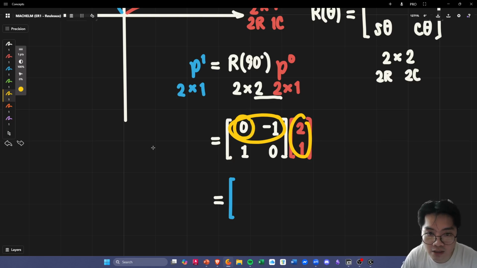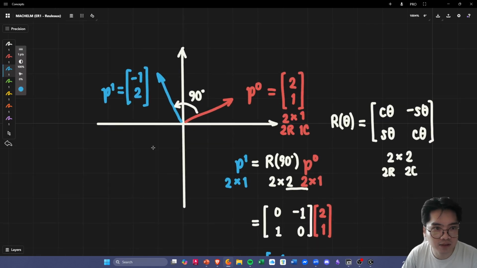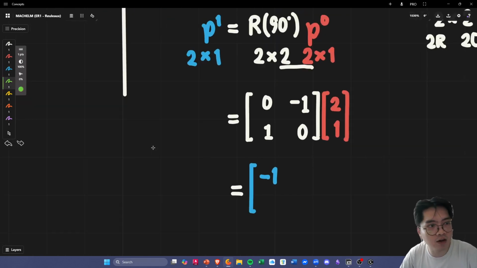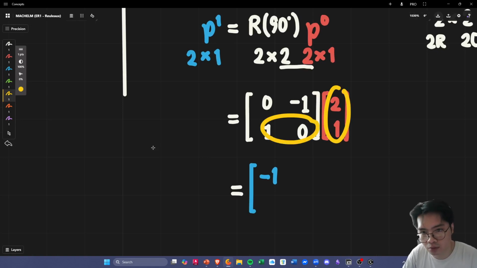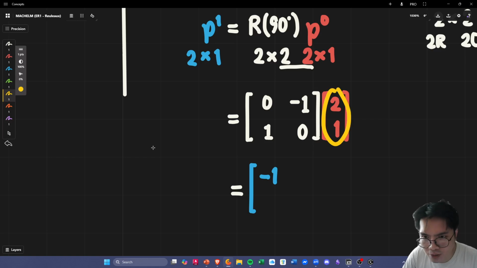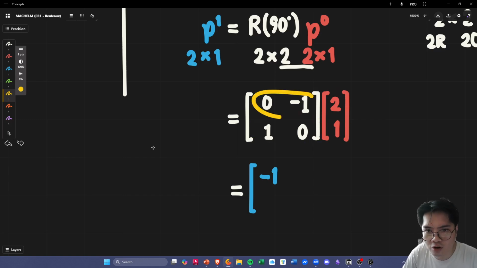What you will do now is this times this: 0 times 2 is 0. And then negative 1 times 1 is negative 1. This is negative 1. And then we will now count this, row times column. There's only one column in here, and there are two rows, so there are two possible combinations.